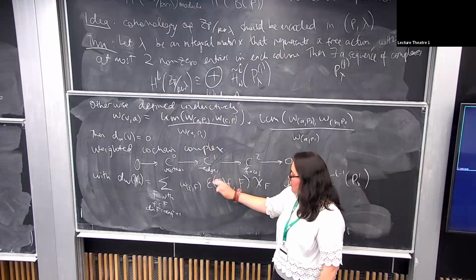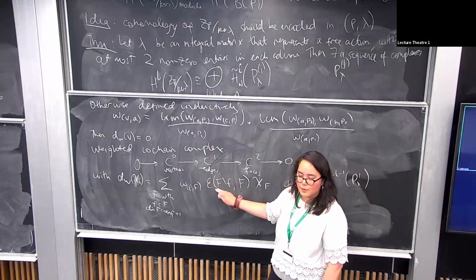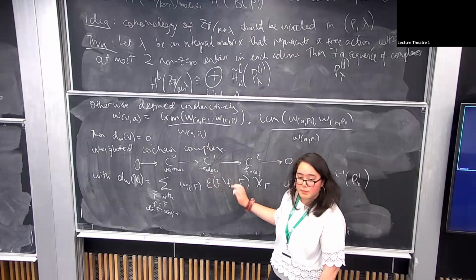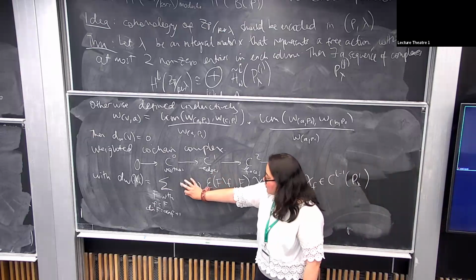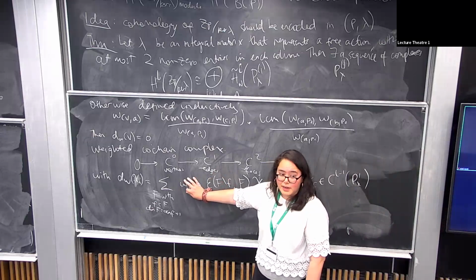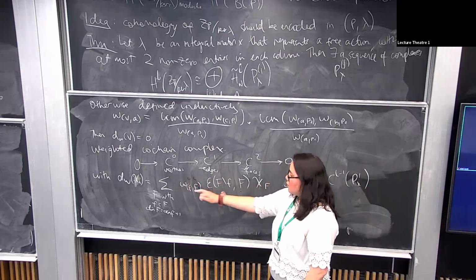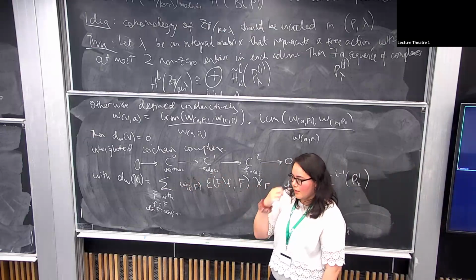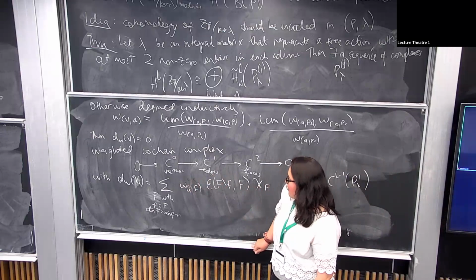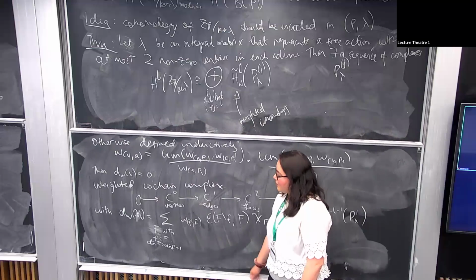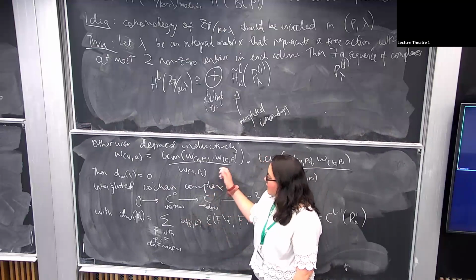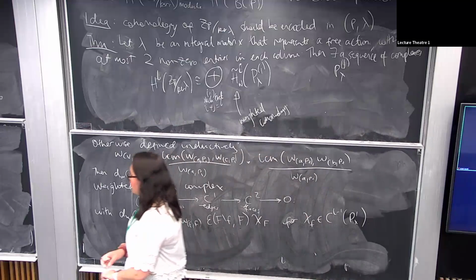This epsilon is just the sign that's induced by the orientation. So nothing special happening here. If we remove the weight, or rather just set the weight as 1, which should be the case for the moment angle complex, where we have just the identity matrix, then this is exactly the usual differential. So everything looks basically the same. It's just we have this extra weighting on each of our bases.